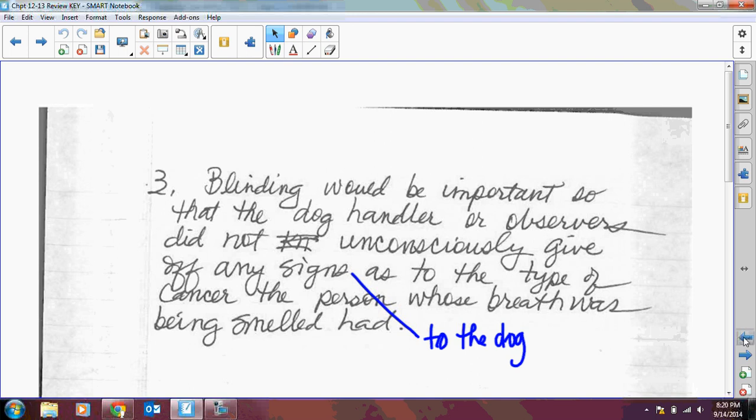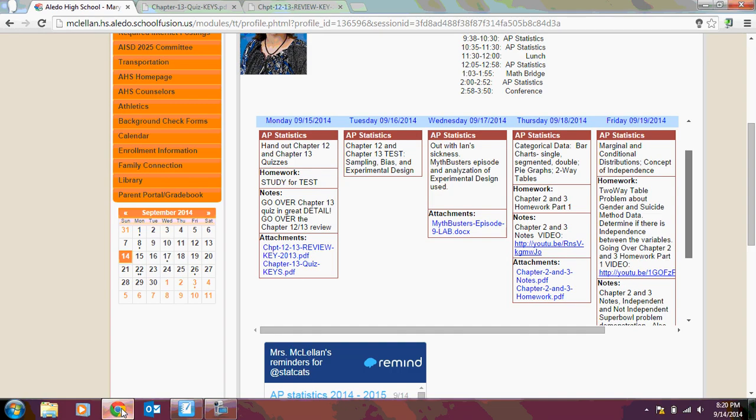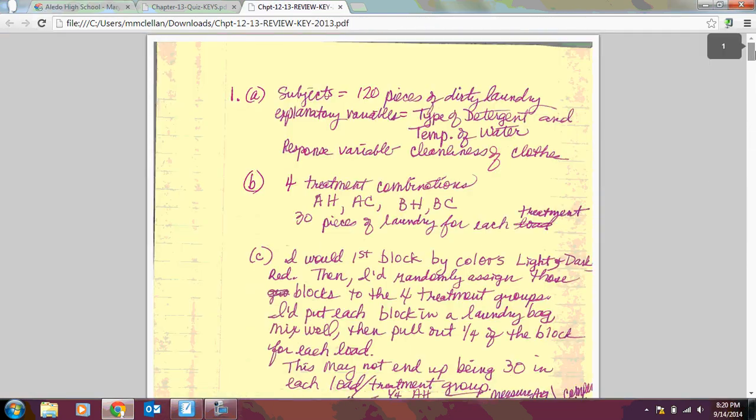You can write down a few things you want to write down, but you shouldn't have to frantically write down all the answers, because later today you can have your own copy of that if you so choose.